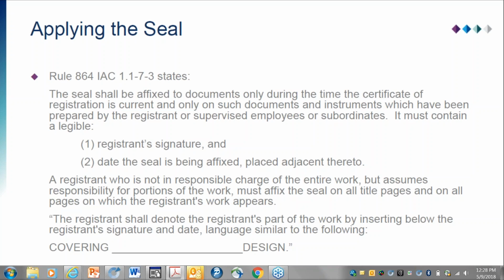Well, you'd seal E1, E2, E3, E4, E5, E6, no problems there, but you would also put your seal on the title page, but you would make it very clear that your work was limited to, for example, as we show here, covering the electrical design, or frankly, I'd amend this slightly and say covering sheets E1 through E6 exclusively, so that no one could think for a minute that the M drawings or the S drawings or whatever were somehow yours. But that's very important and something we really lack in Illinois.